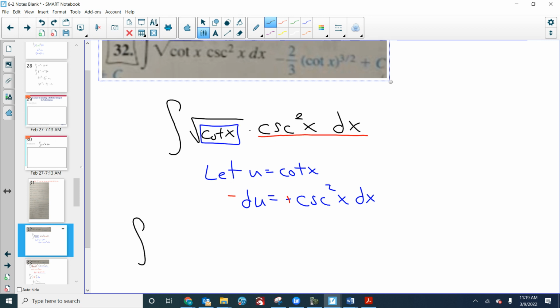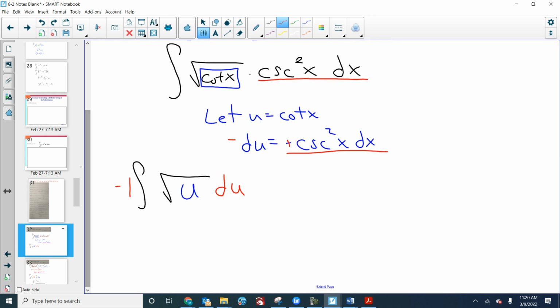It's time to substitute. We have the square root. We have u inside. We have -1 du is the cosecant squared x dx part. The cosecant squared x dx part gets replaced with a -1 du. The square root of u is an antiderivative you're going to want to know just like that. Okay, it's going to appear a lot.